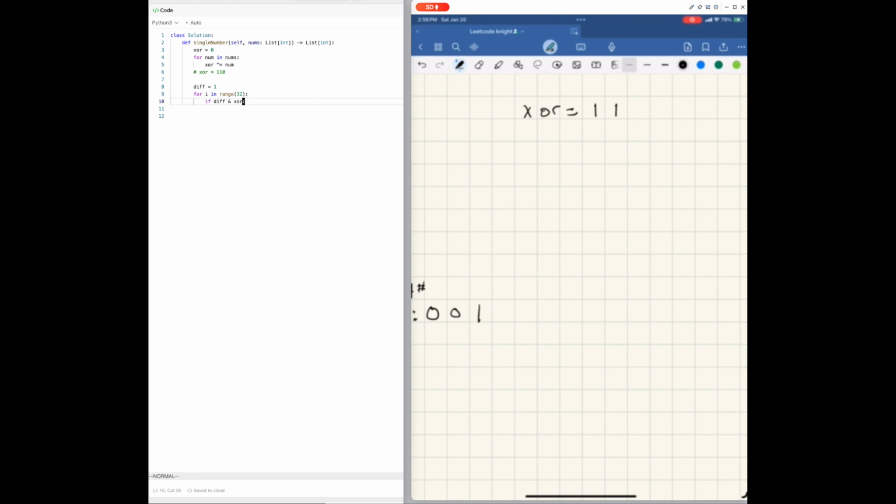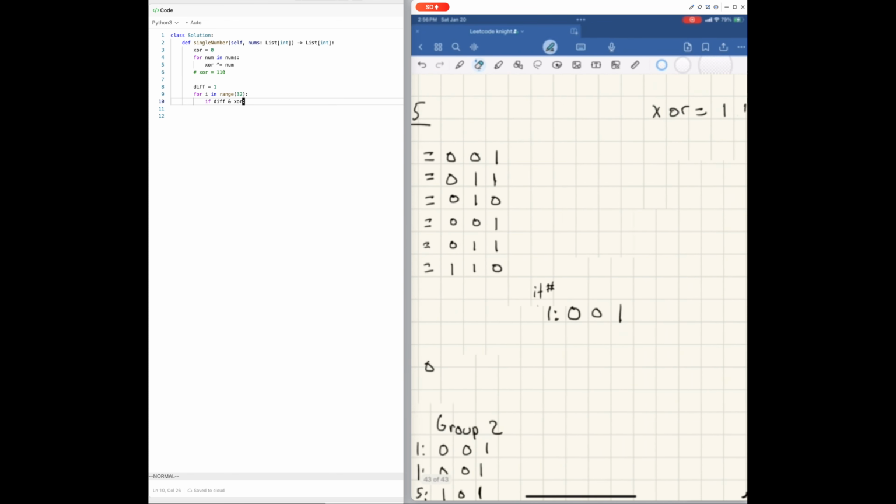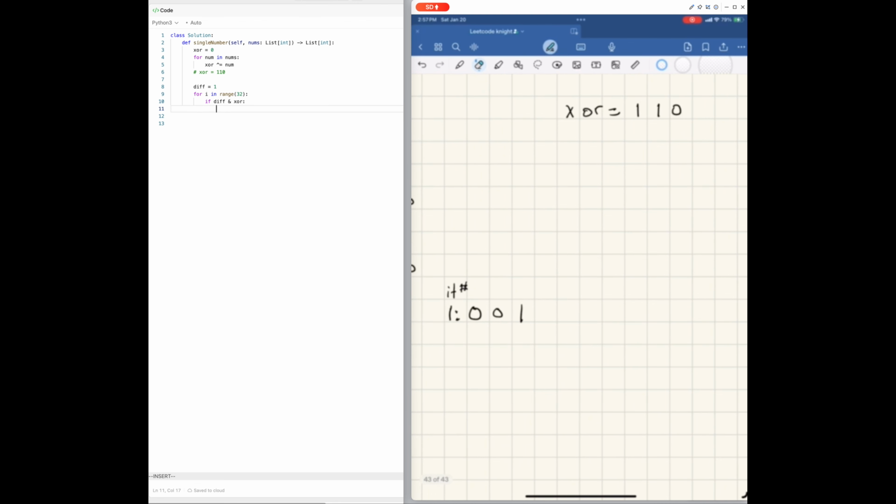We're checking to see, okay, and is 001. Are these the same? What do we get? We get nothing, right? Because these aren't the same, right? So it's not going to work. So we're going to break if it doesn't match, right?